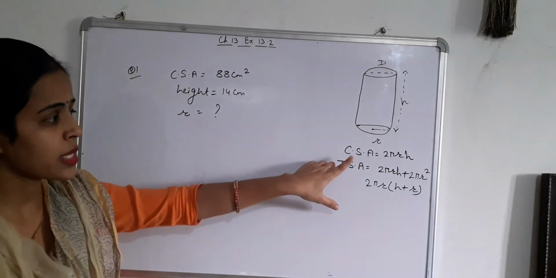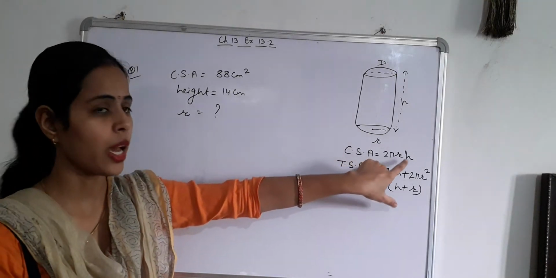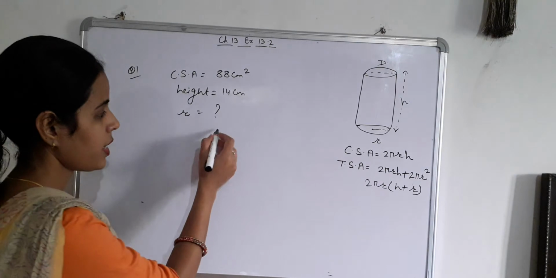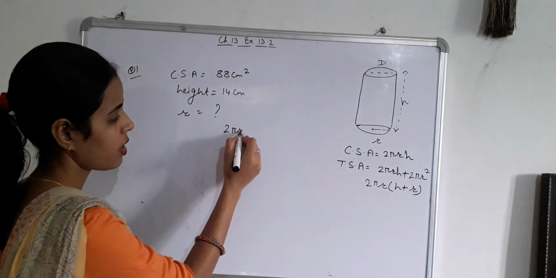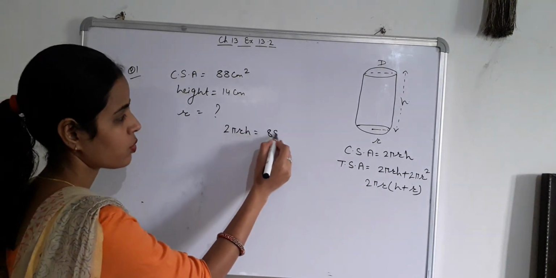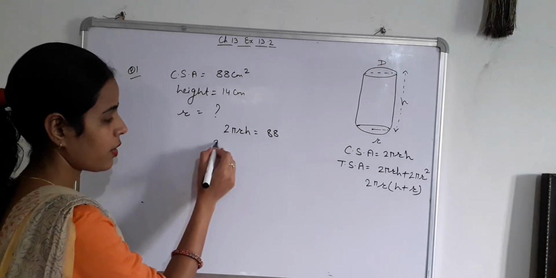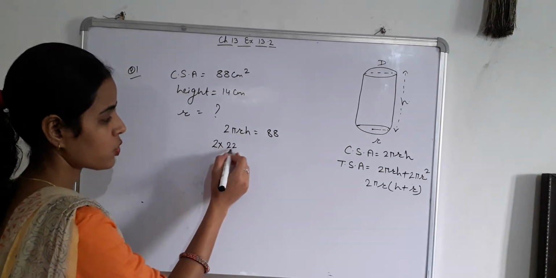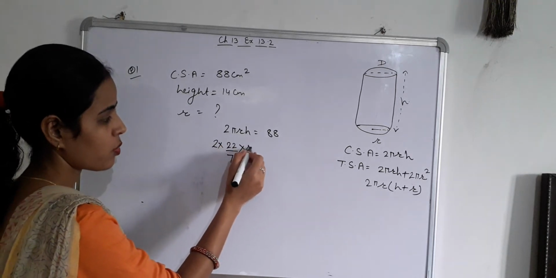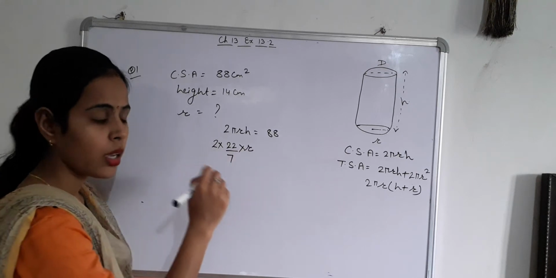Covered surface area of cylinder equals 2 pi r h. 2 pi r h equals 88. Here pi is 22 by 7. We have to find the value of r.